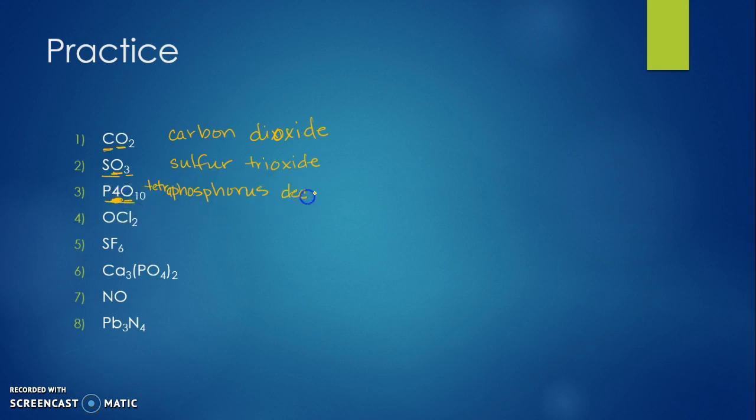And 10 would be deca. But anytime there's an A and an O next to each other, or an AO or OO next to each other, we take the A off. So it would be decoxide. Now, if at first you put the A in there and you say decaoxide, at first, we'll be okay with that. But I expect you to know how to do it properly before the test.